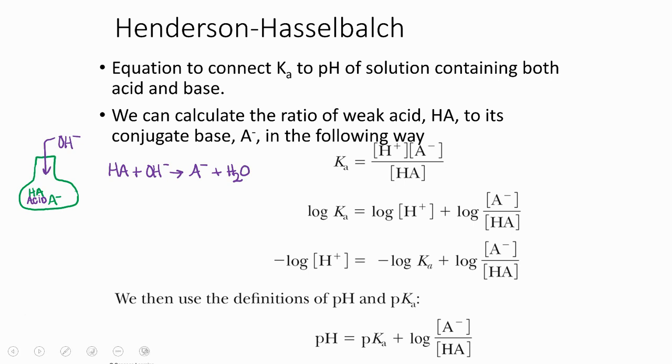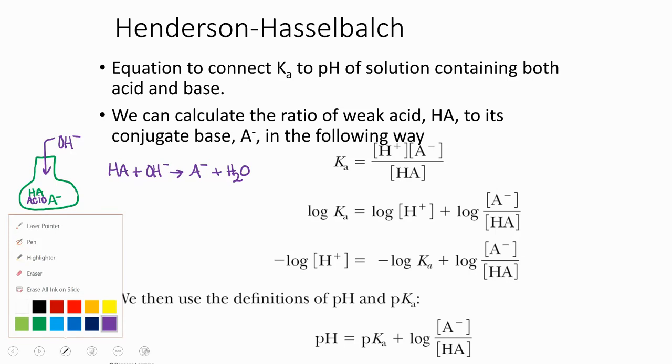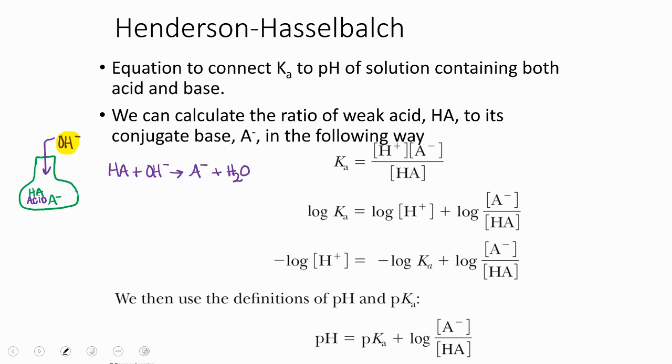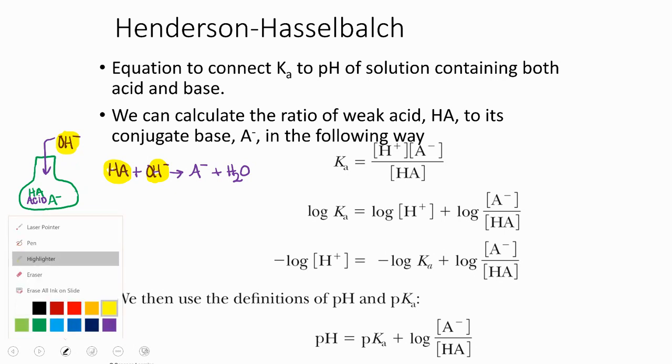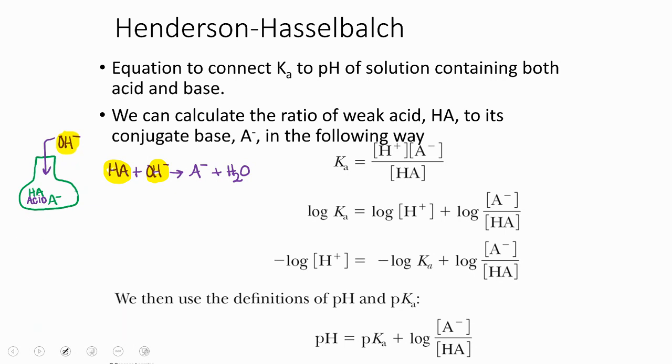So this is always true, that if we have hydroxide added to a buffered solution, the weak acid in it will react with it. Okay, now what that will do is it's going to change the pH of the buffer. It's going to make it a little bit more basic than it was before.